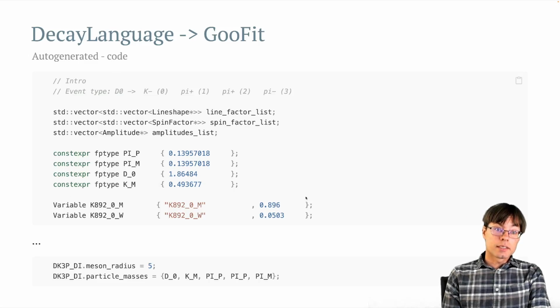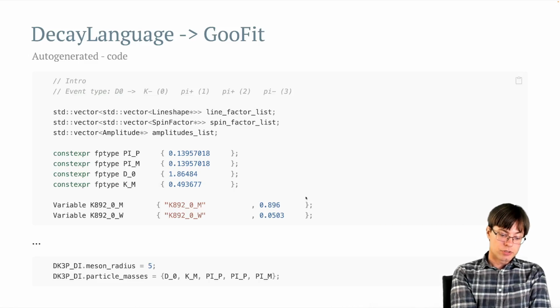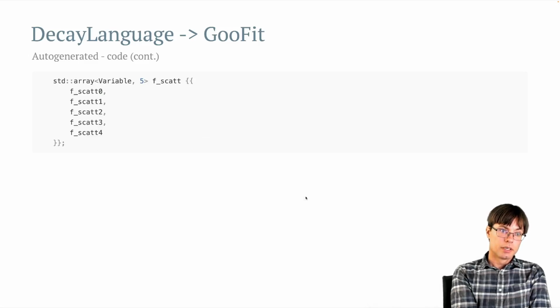And then the code looks like this. You've got these vectors of line shapes and spin factors and a vector of amplitudes, and it's going to go through and fill these in in the rest of the file. Then you've got your constants and your floating variables, just as you saw, but transformed here. Sometimes these can be even more complicated, like this one, where 5 values are being stored together.